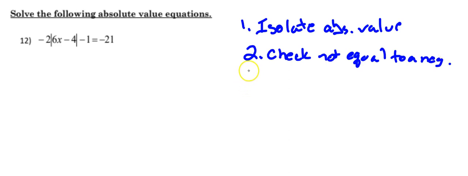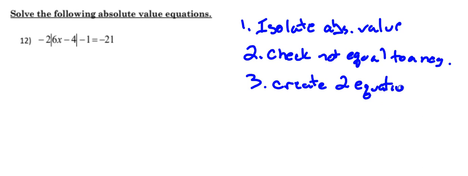And then from there, we would solve the absolute value equation by creating 2 equations. One positive, one negative. All right, so let's see what that looks like.